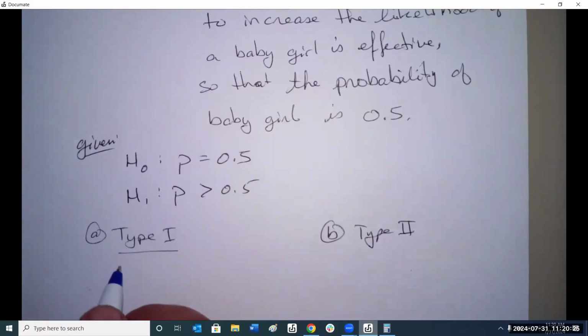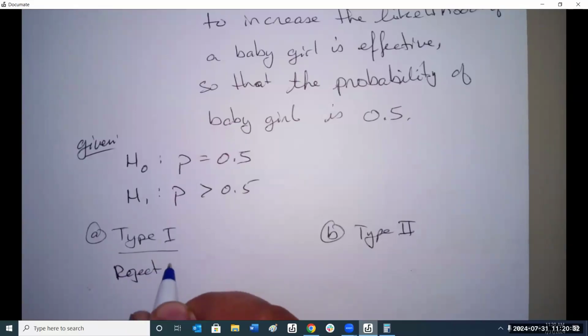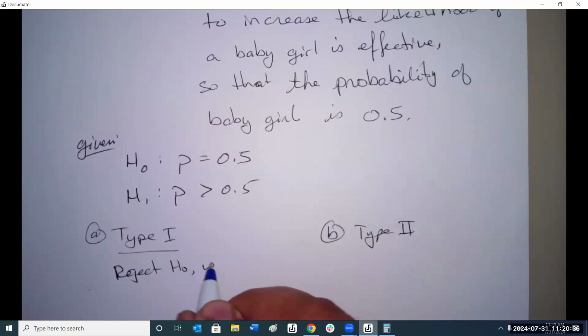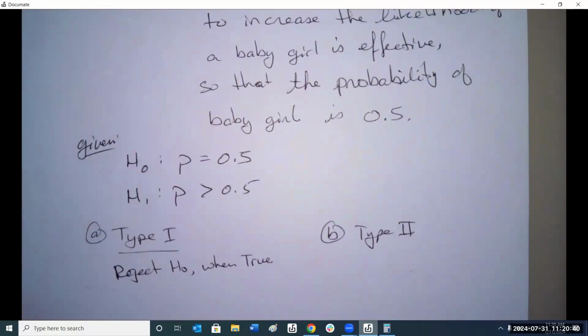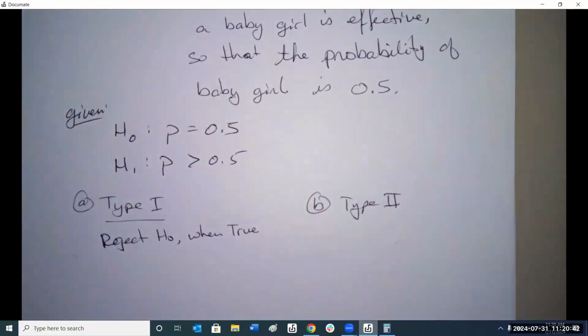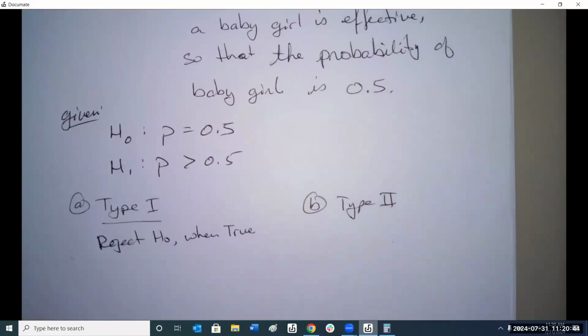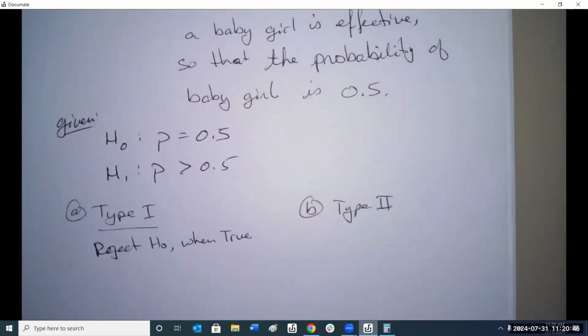Because remember, this one is reject H0 when true. So how would you state this?